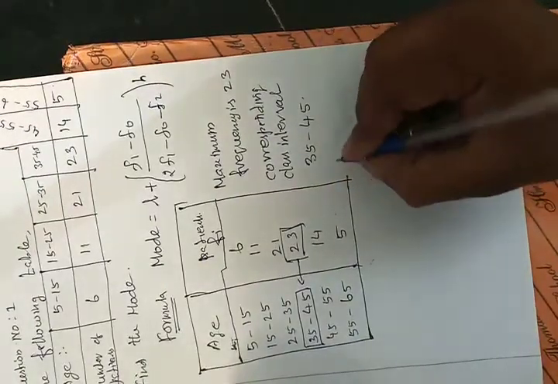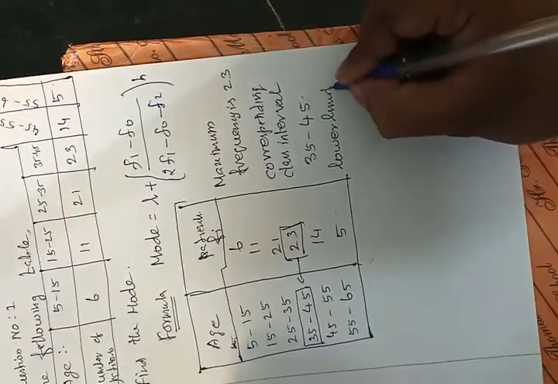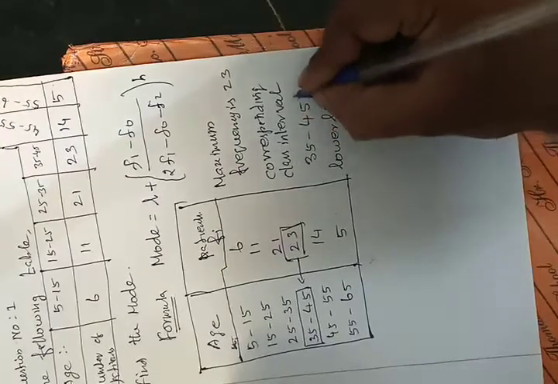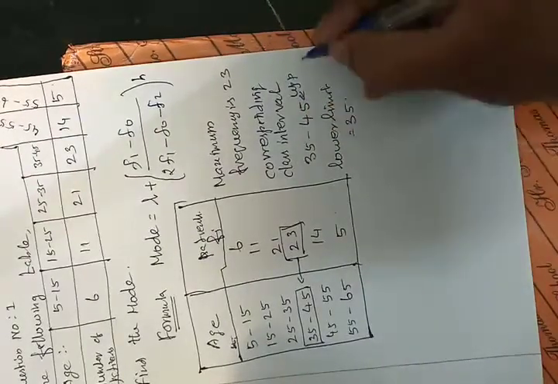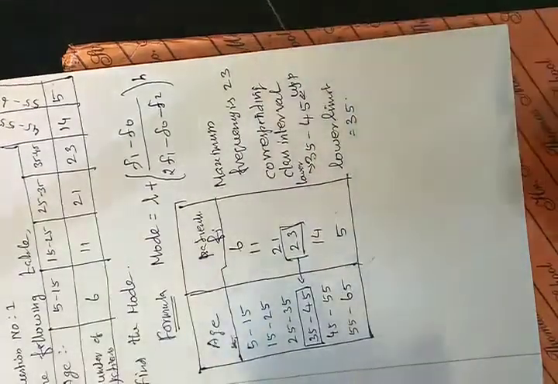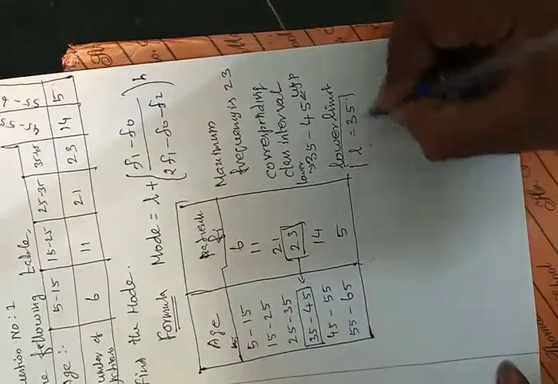So the lower limit is 35 and this is the upper limit. So the lower limit is equal to 35. So L is equal to 35.